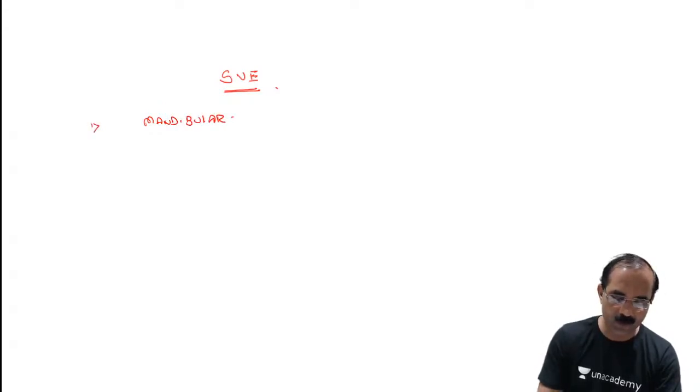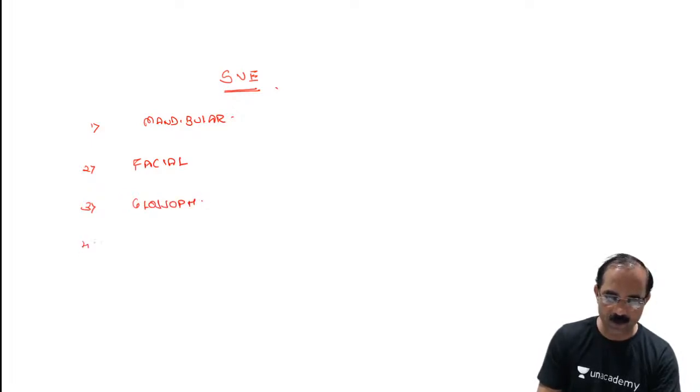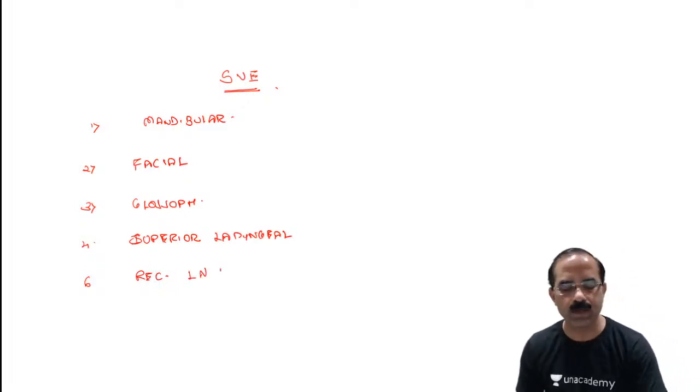Nerve of the second pharyngeal arch is facial nerve. Nerve of the third pharyngeal arch is glossopharyngeal nerve. Nerve of the fourth pharyngeal arch is superior laryngeal. And nerve of the sixth pharyngeal arch is recurrent laryngeal nerve.